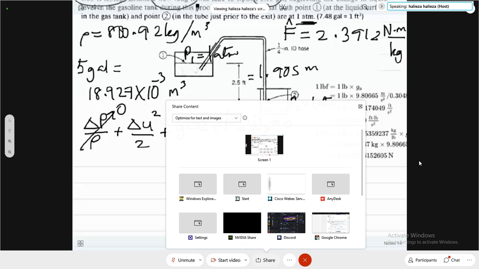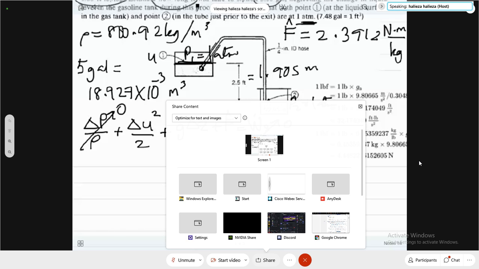Okay, so now, what is U1? U1 is on the surface. U1 is equal to 0. Why? Because the surface area of the liquid is bigger than the surface area of this pipe. The surface is not moving, there's no velocity there.